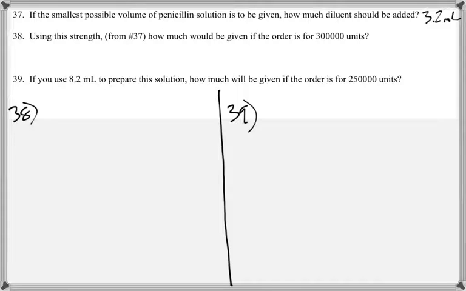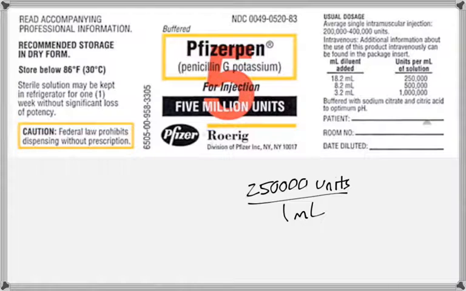On 38 it says, using this strength from 37, how much would be given if the order is for 300,000 units? So like we said, the 3.2 corresponds to the 1 million.